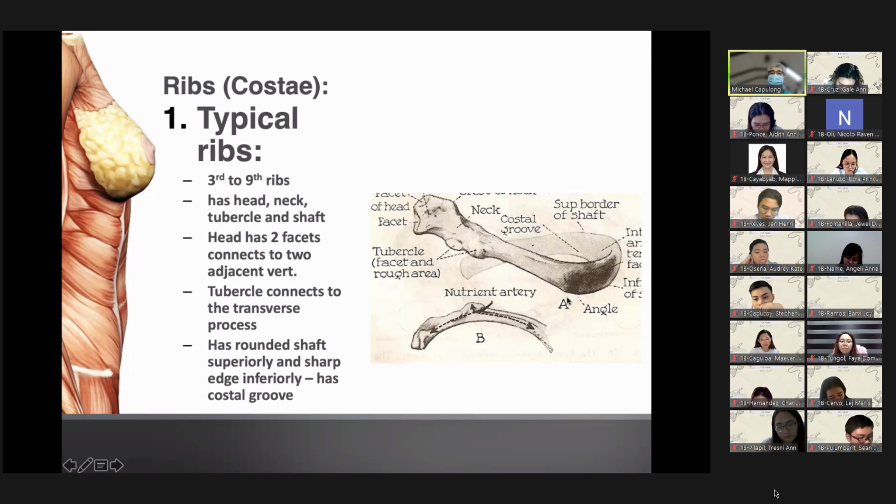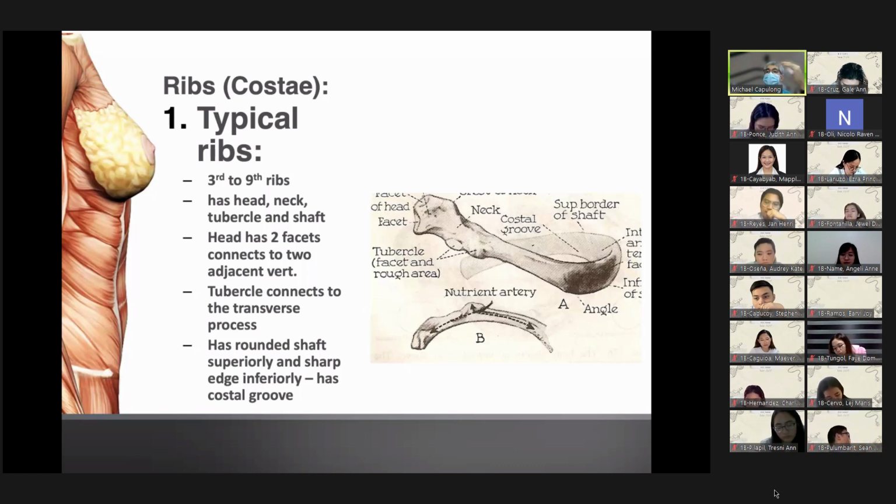And at the back, you will see a groove, which we call your costal groove. This groove is very important because your neurovascular structures will be seen here: your veins, your arteries, and your nerves.